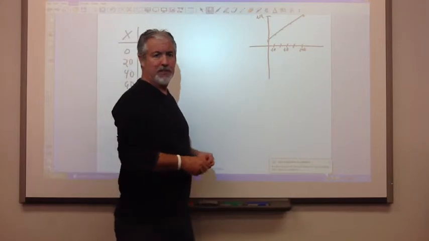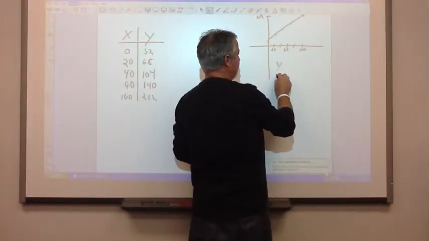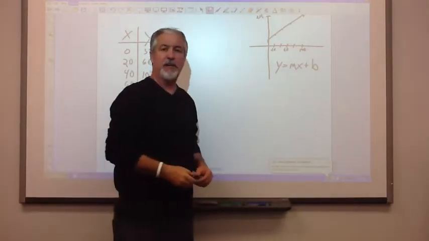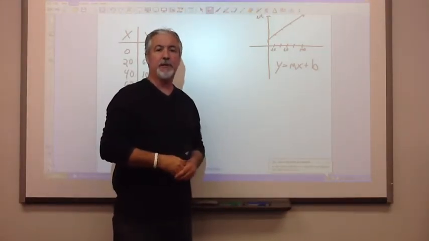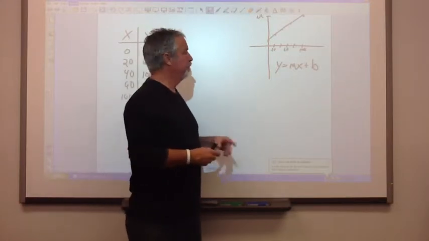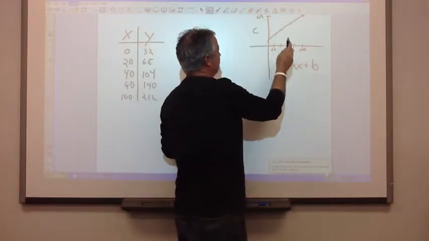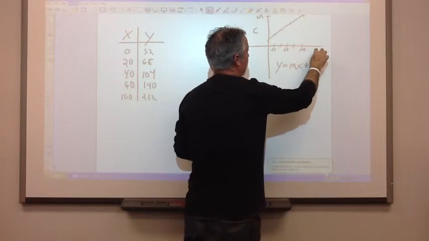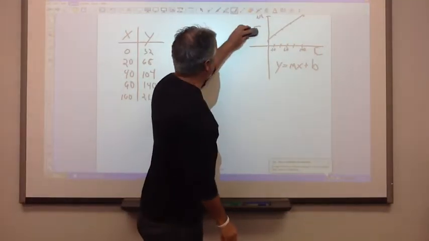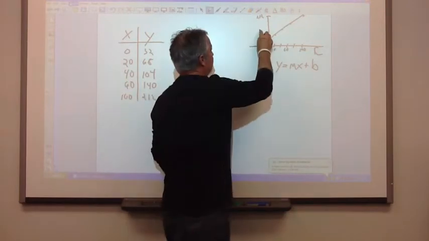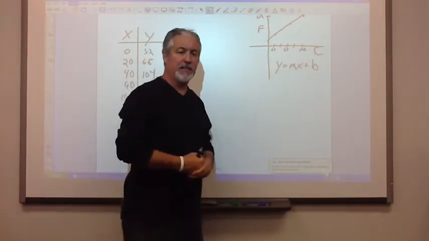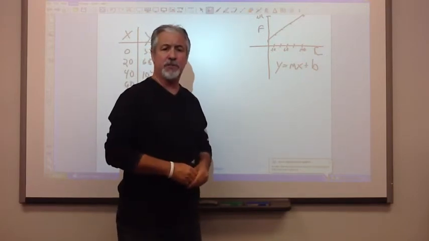What does our algebra teach us? Our algebra teaches that the basic equation for any straight line is y equals mx plus b. And what do we do in science? Well, in science we say, let's turn this general equation into the specific equation for this experiment.